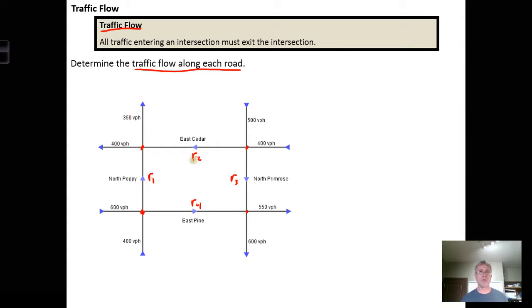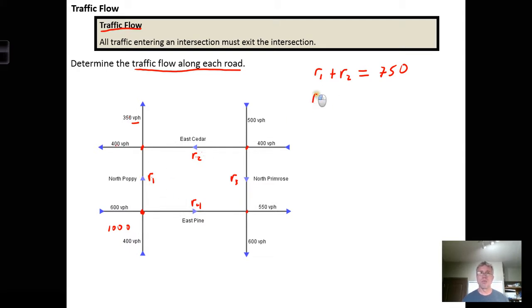So the vehicle flow on road 1 plus road 2, in vehicles per hour, has to add up to the 400 plus 350, which is 750 vehicles per hour flowing out of that intersection. Similarly here, this intersection has 600 plus 400, which is 1,000 cars per hour flowing into the intersection, and road 1 and road 4 flow out.